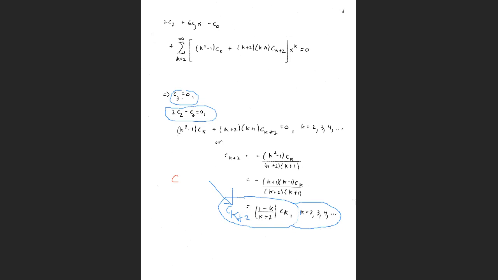C4, that's right, Justin, because when k is 2, that's the smallest value of k, and so c sub k plus 2 would be c sub 4. And then you could find information about c sub 5, c sub 6, and so forth.